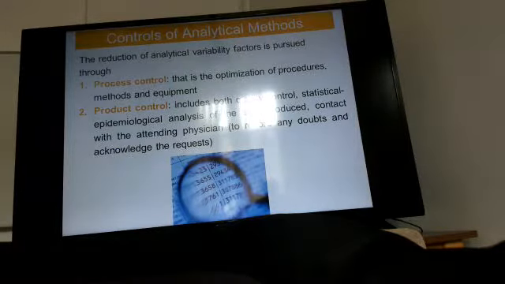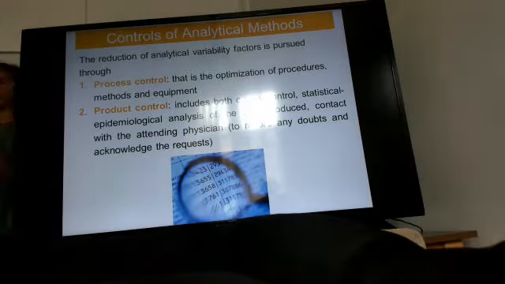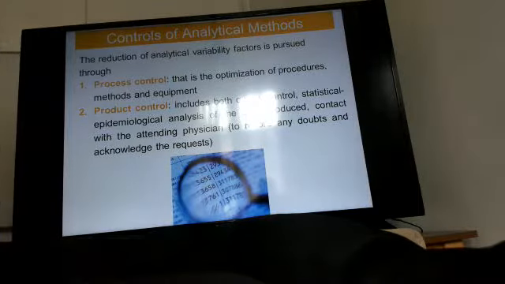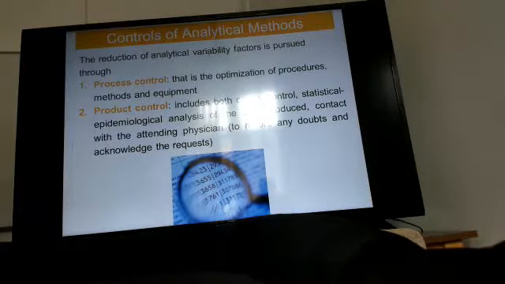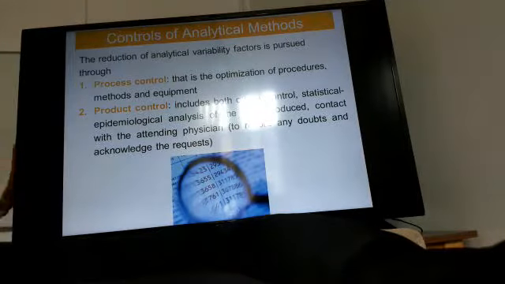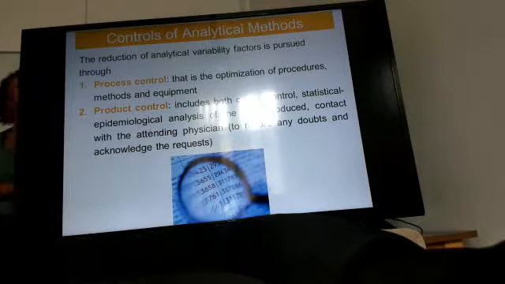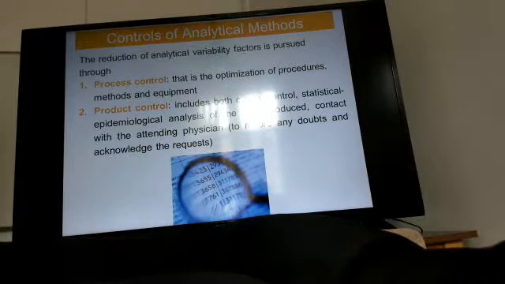So, of course, we have to apply procedures that enable us to control this variability and to reduce it to the maximum level. And we have calibration, we have control of the products. Usually, everything occurring in the lab has to be registered. So the operator who performs each step of the analysis has to be registered.